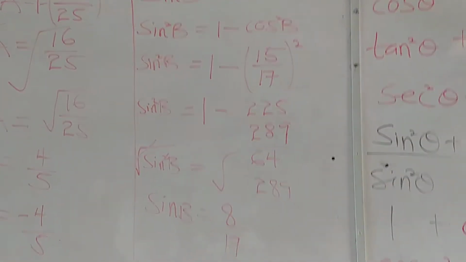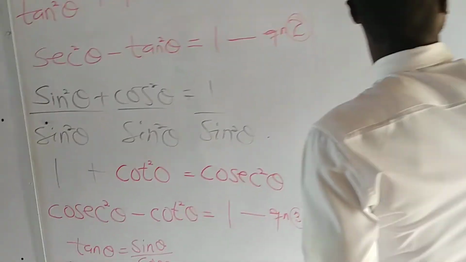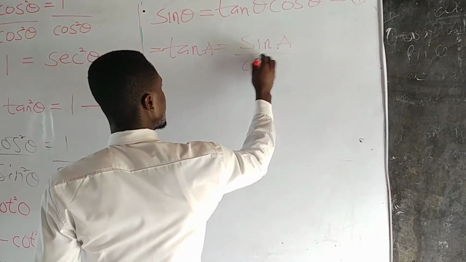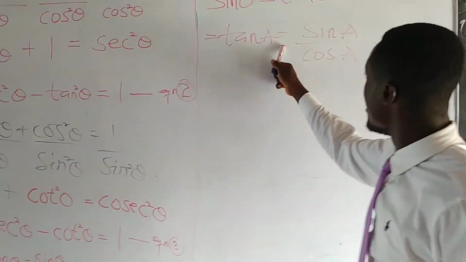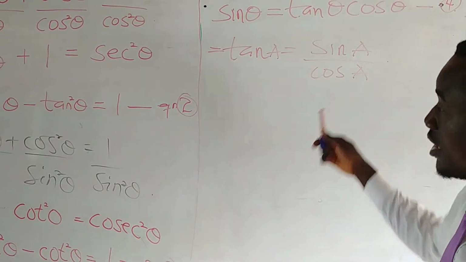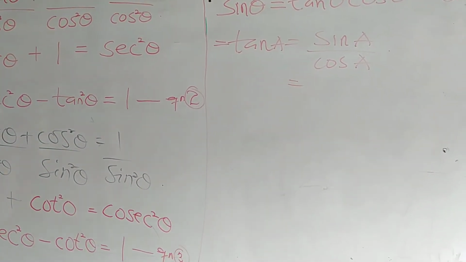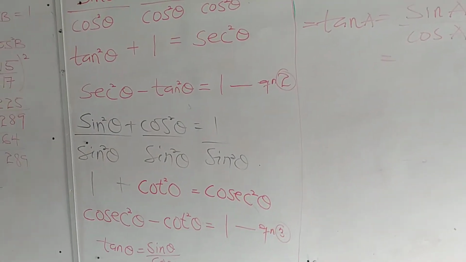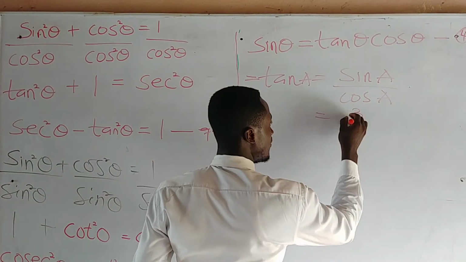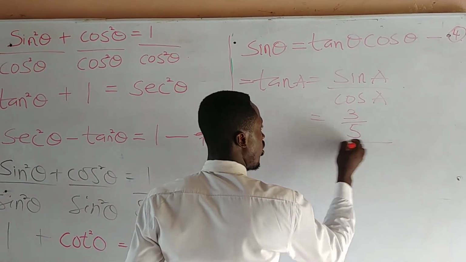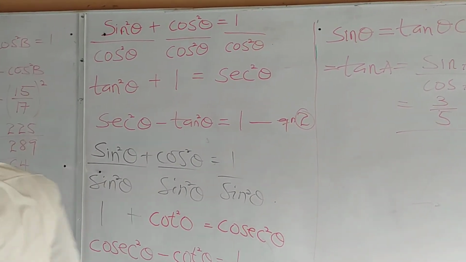Now let's start with this. Tan A will be equal to sine A on cos A. And what is sine A? Sine A is 3 out of 5. So you write 3 out of 5 on cos A. In cos A we had negative 4 out of 5.